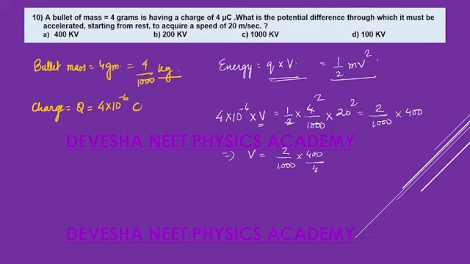4 will come at the bottom here, 4 into 10 to the power 6. So 4 gets cut here, and this is 5, so this is 1 by 5 into 10 to the power 6, which is equal to 2 into 10 to the power 5, which is equal to 200 kilovolt.